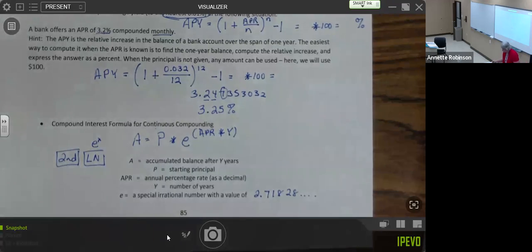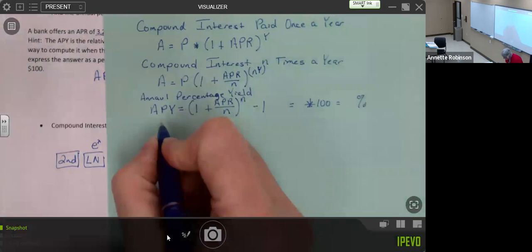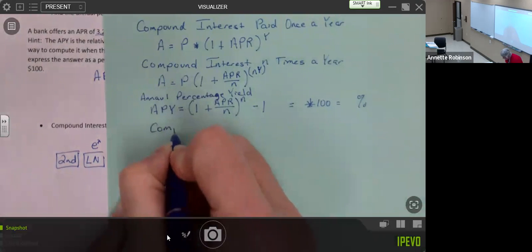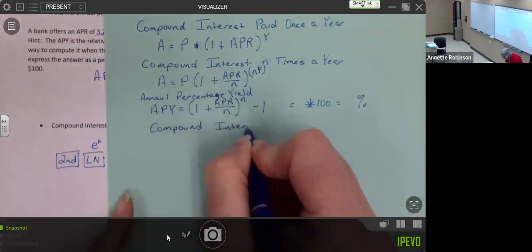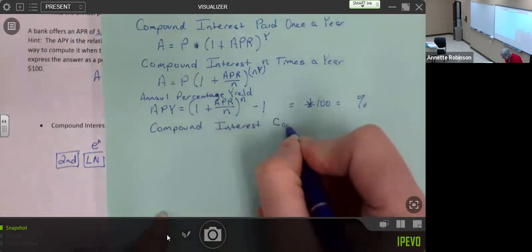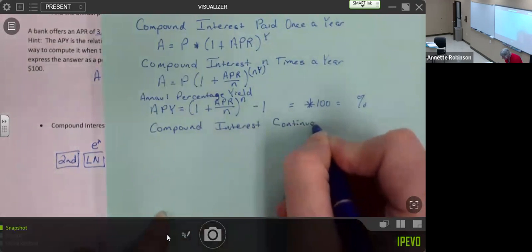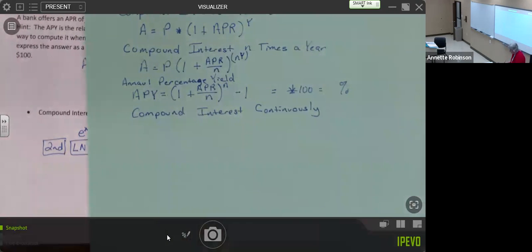So again, go into my sheet. I'm calling this compound interest, continuously.